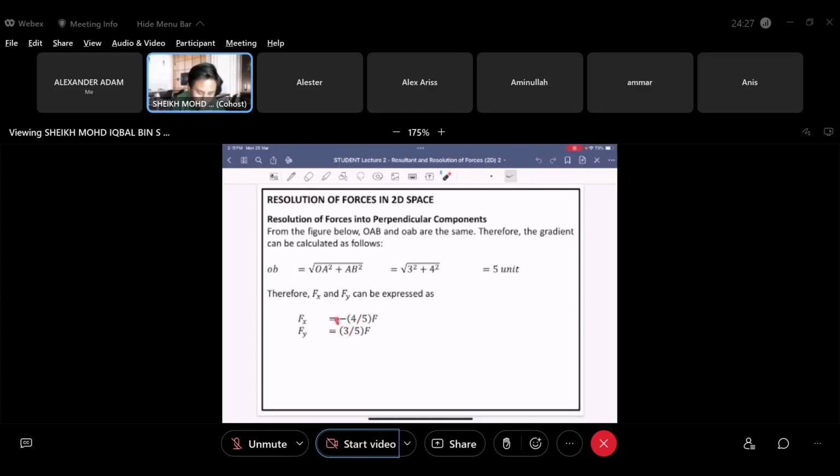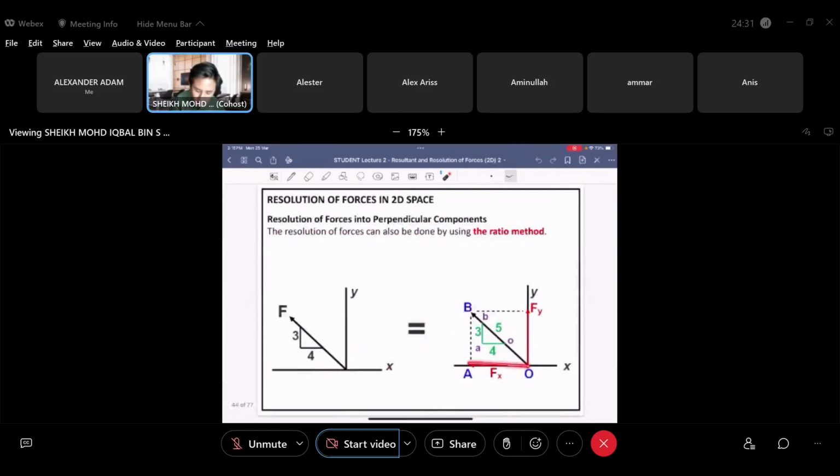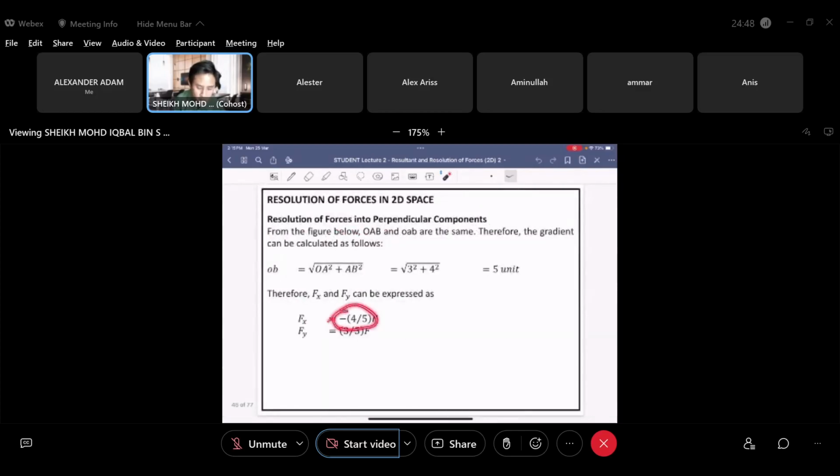It's negative because this one is going in the negative direction, right? So you have to be careful about the signs as well. This one is going up, so it's positive, and this one is going to the left, so it's negative. That's why it's -4/5, and this one is 3/5.